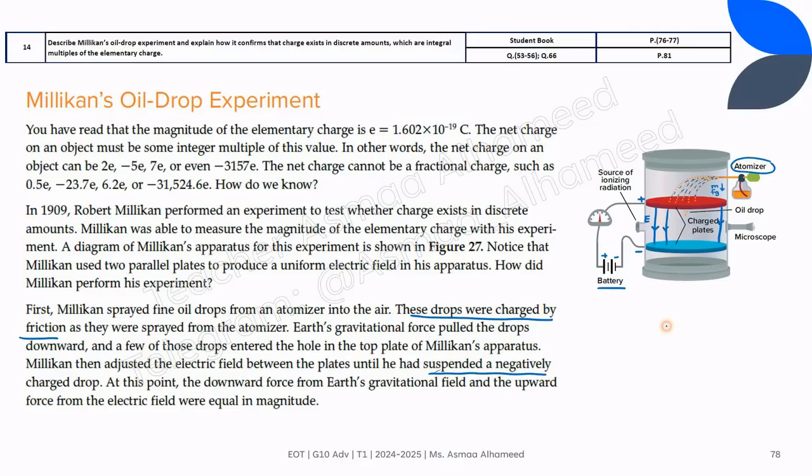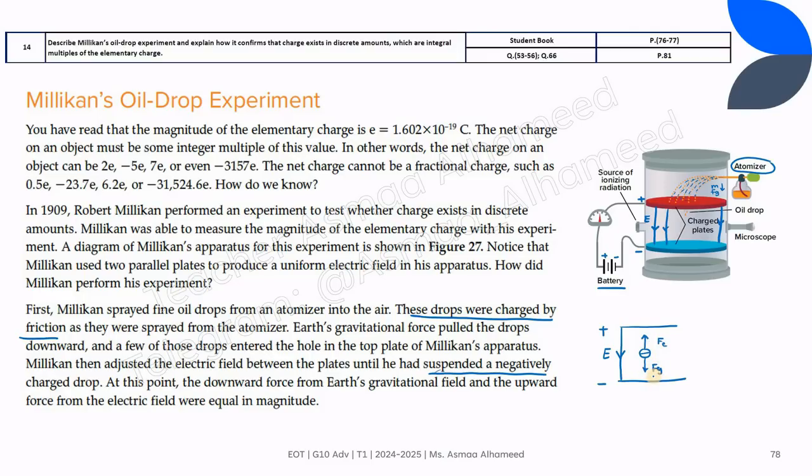So how do you suspend it? Here, this is your positive plate, this is your negative plate. If you have a negative charge, where does it go? It will go against the line of the electric field. So this is the electric field line, and the charge will go up because of the electric force. But it has a mass, so it will have Fg down.